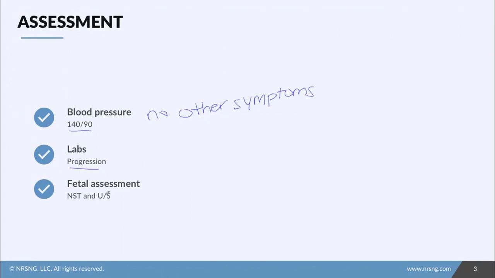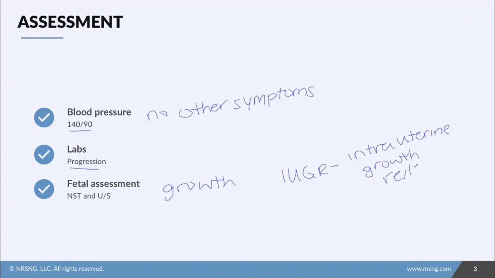And then the fetal assessment. For this, we're going to check for growth, because hypertensive disorders in pregnancy can cause something called IUGR, which stands for intrauterine growth restriction. The reason is that good healthy blood is not perfusing properly, so the fetus can't grow properly.